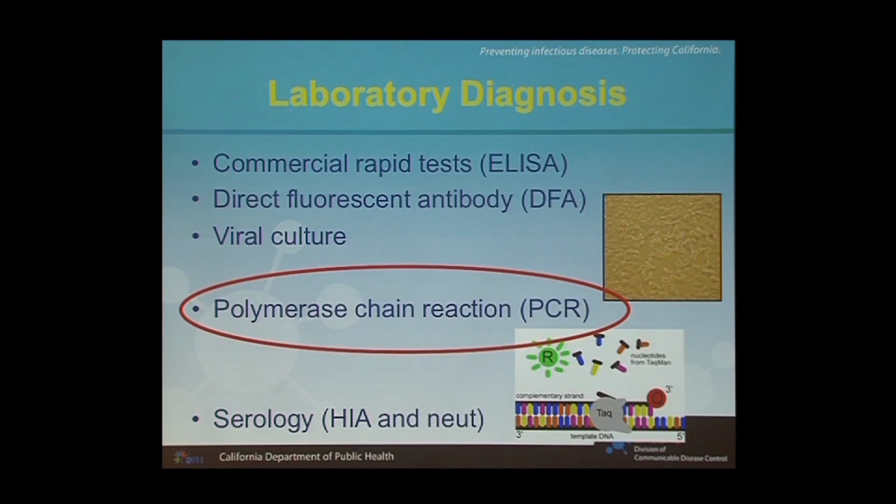Okay, so for laboratory diagnosis, this is now the gold standard. PCR, which is a molecular test, is now the most commonly used test. Lots of folks still use the rapid test, which is the test they perform in the doctor's office at the bedside. It tells you in 10 minutes. But that test can be very insensitive, and also not always specific.